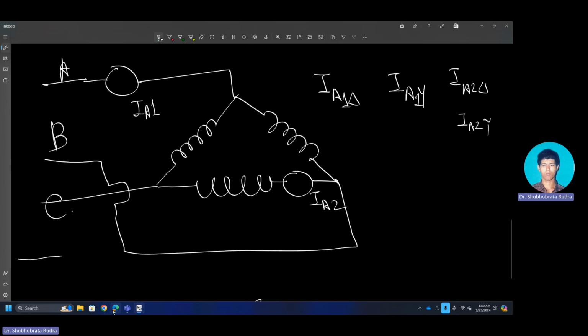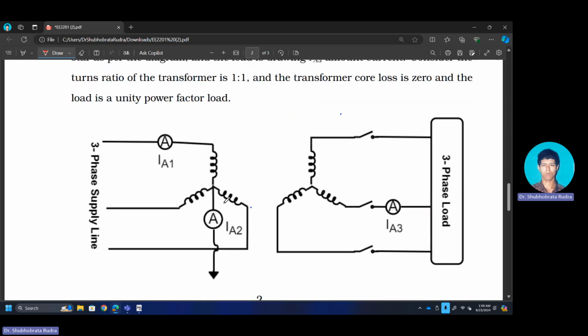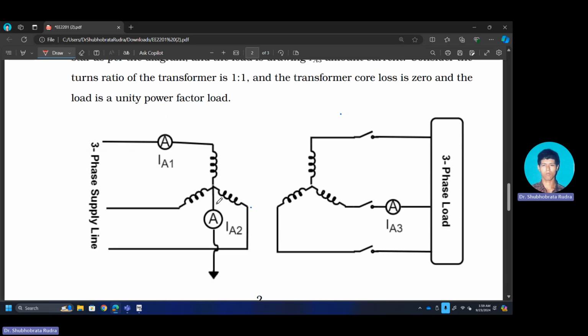So first thing first, here you are considering IA2. Please note that if there is no third harmonic current, then IA2 will be 0. IA2 will only give you a finite current when there is some third harmonic current. So here, IA2 will become 3 times the phase third harmonic current.